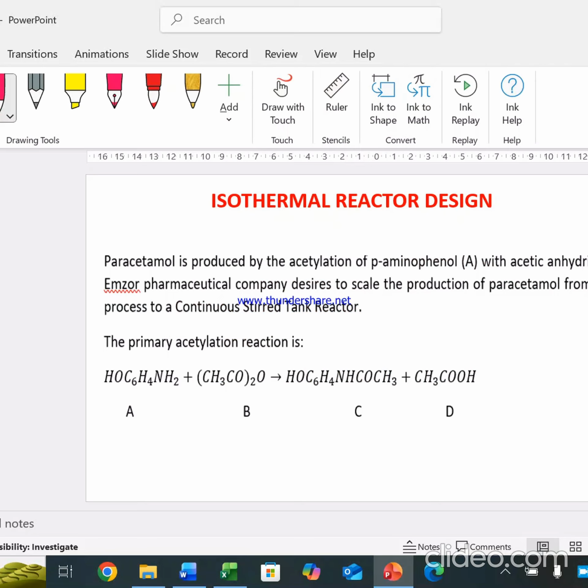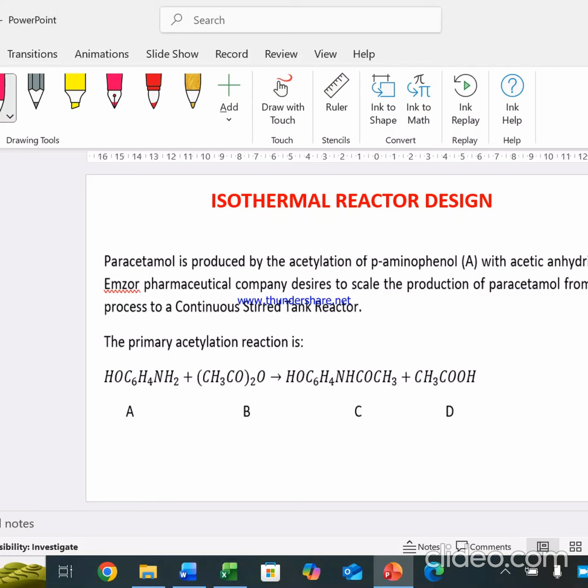Paracetamol is produced by the acetylation of aminophenol with acetic anhydride. The reaction is shown on the screen. So let's assume the pharmaceutical company is desiring to scale up the production from batch to continuous stirred tank reactor. So as a chemical engineer, you are required to design the volume of the reactor needed to achieve the desired goal.